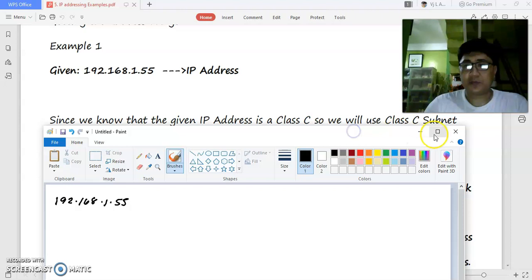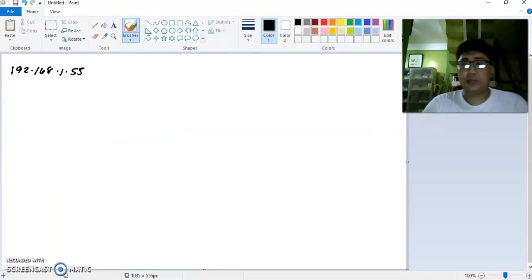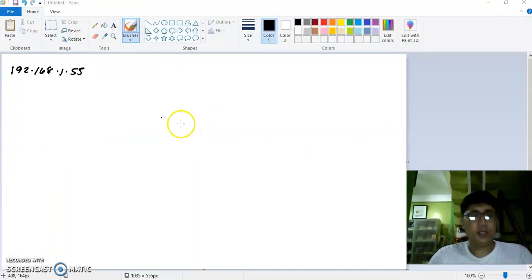Again, in binary numbers, as we discussed last meeting, an IP address has the term octet, which means it has 8 bits in one group. Every bit has a binary weight.